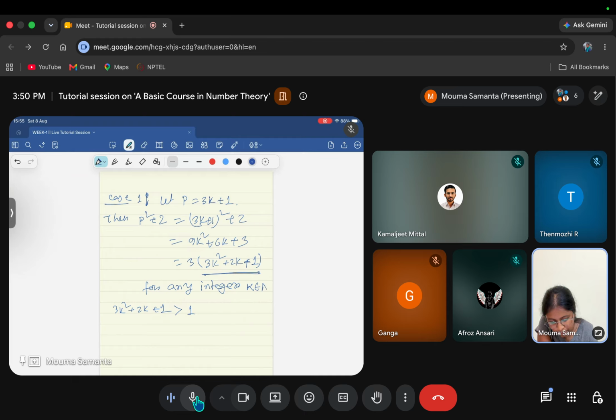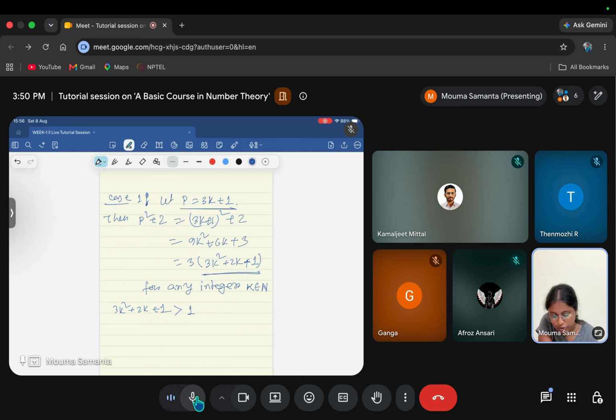Why am I taking it from n? Because p has this form, and p is a natural number. So if k does not belong to the natural numbers, this term will be negative, and p cannot be negative.